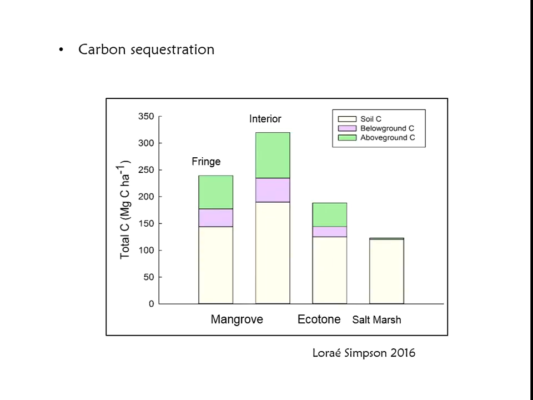And here we've got the mangroves. This is just an accumulation of all her plots in the pure mangrove world. This is the ecotone, where we have the mixed mangrove and salt marsh, and this is the pure salt marsh. You see the mangrove carbon storage, carbon sequestration, is higher than in the ecotone or the pure salt marsh.